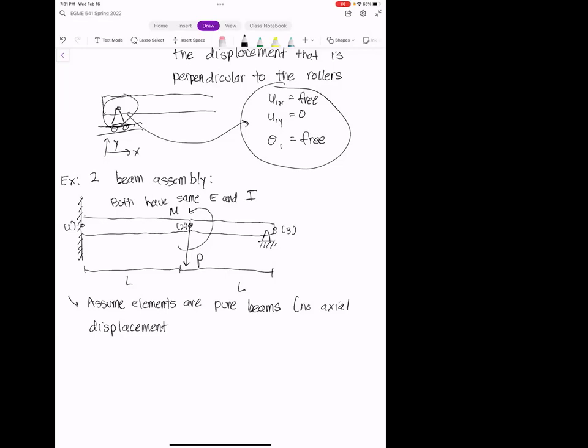And so the only degrees of freedom that we're going to be considering are the transverse displacements and the rotations. And so this example here is going to be just purely symbols. For this problem, what I want you to do is basically run through our process. So write down the element stiffness matrix, set up the global system, and apply boundary conditions.